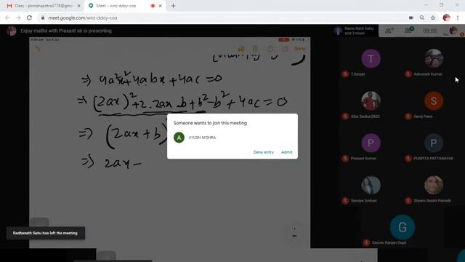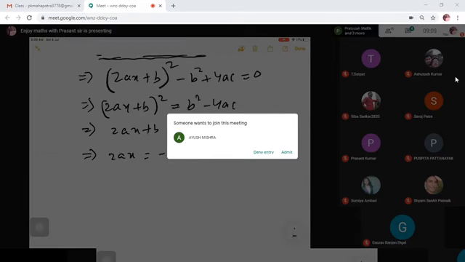We will take the rest part to right side. B square minus 4ac. And we have now 2ax plus b equal to plus or minus square root of b square minus 4ac. And then 2ax equal to minus b plus or minus square root of b square minus 4ac.